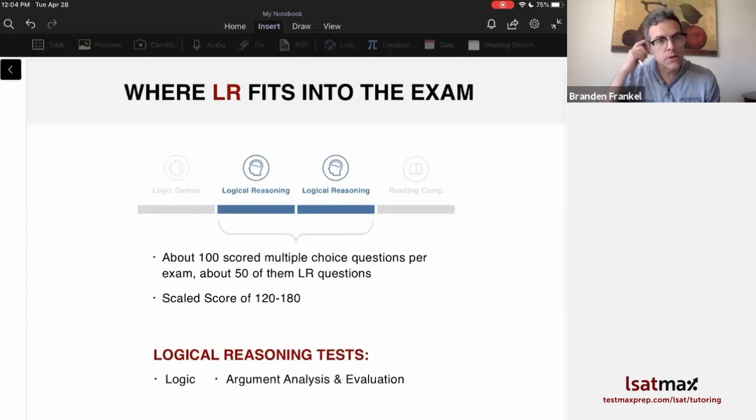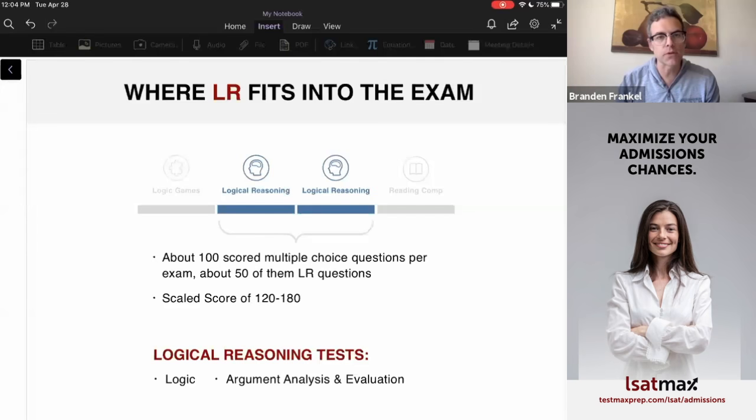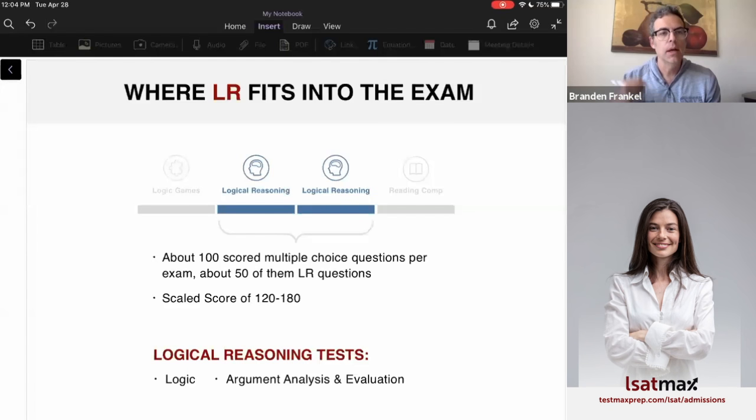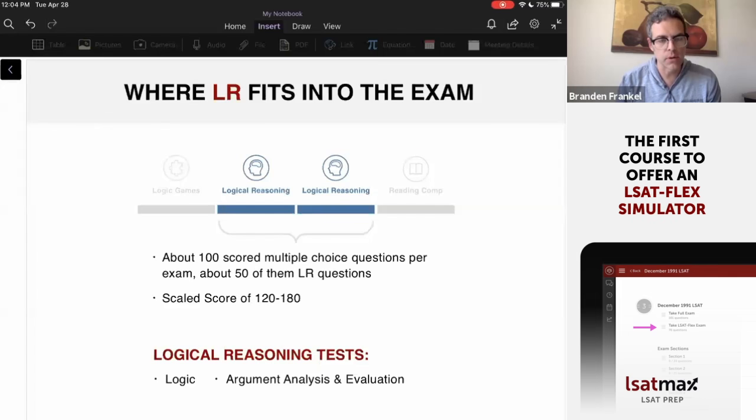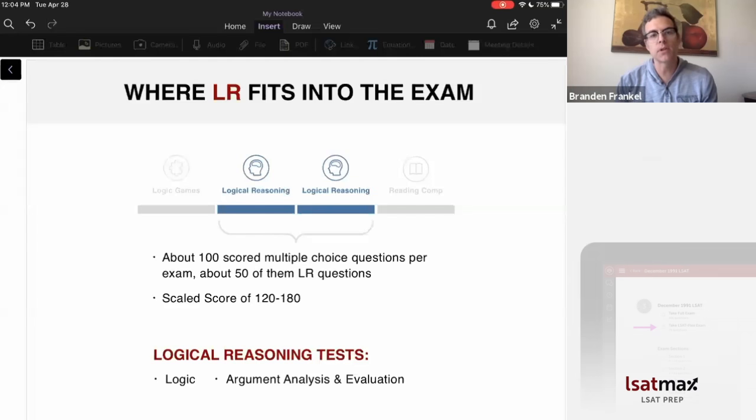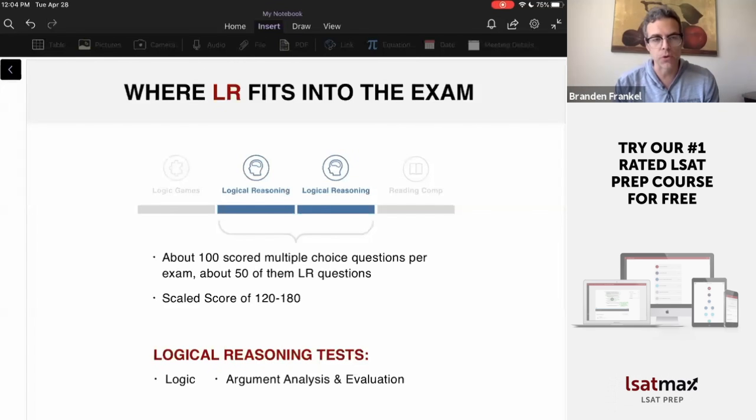Now the way that it works is that there is just one of each of these type of sections. There's one logic game section, one logical reasoning section, and one reading comprehension section. What that means is that logical reasoning is now worth 1/3 of your score, whereas before, when it was 2 out of 4 scored sections, it was half of your score.